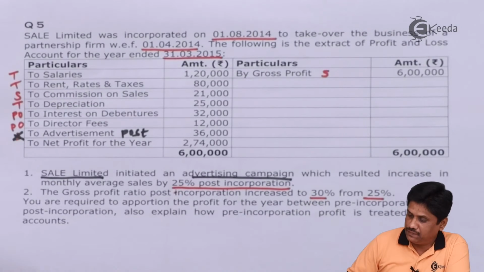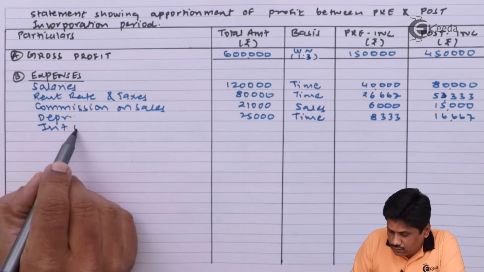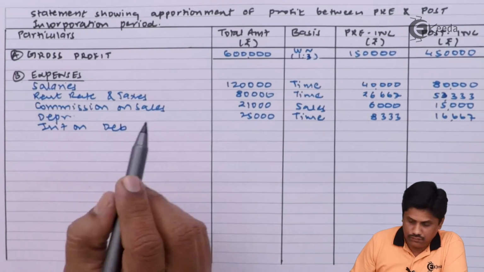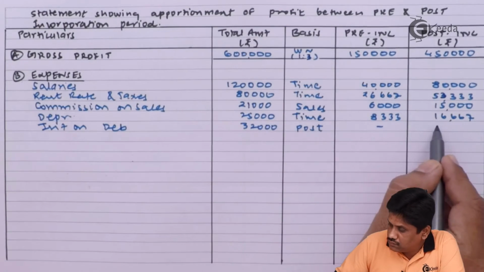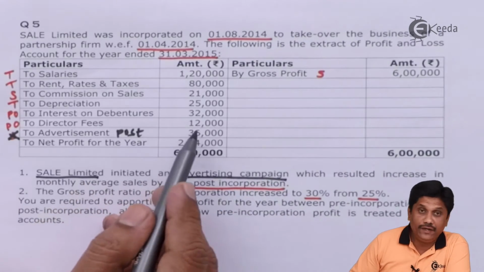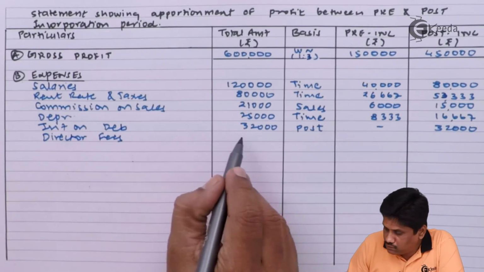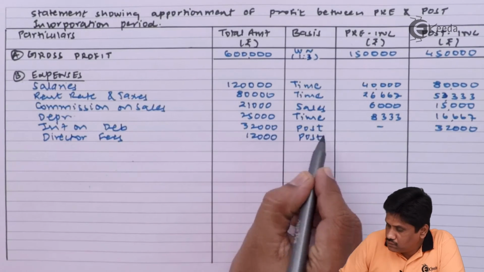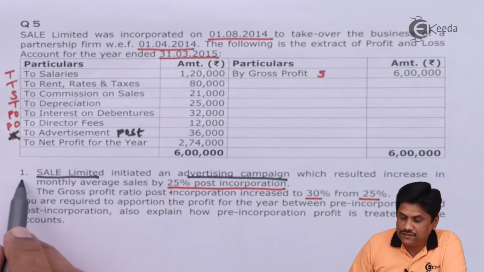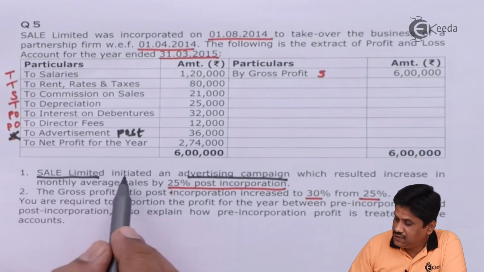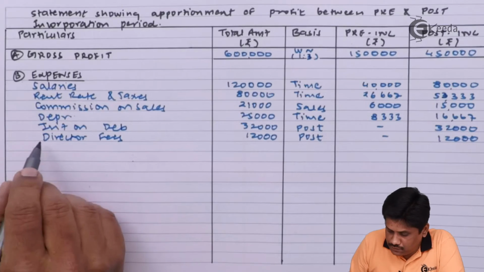After depreciation, there is an interest on debenture 32,000, which will be taken in post. Director fees will be taken in post. Advertisement, because of information number 1, it is initiated by the sale limited, so it will be taken directly in post.